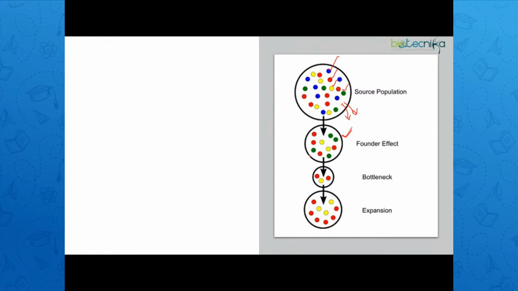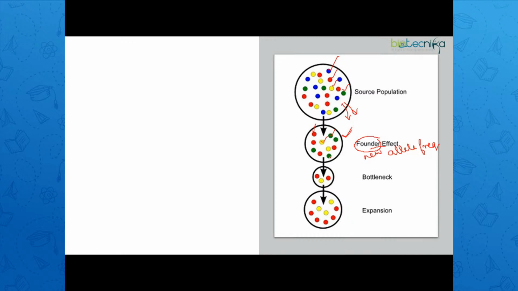So we might find that in this new land we have individuals with the red allele, green allele, and yellow allele, and no individuals of the blue. That might happen. This is what is known as the founder effect. You have founded the population in a new place with a new allele frequency.